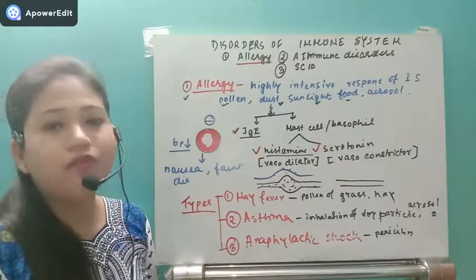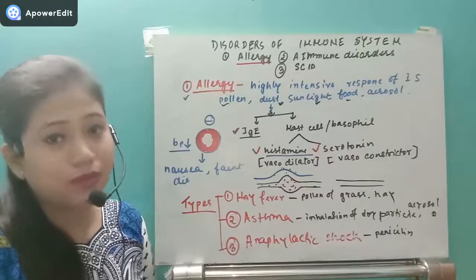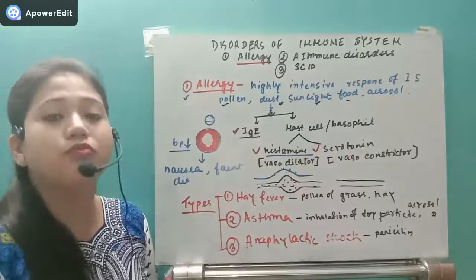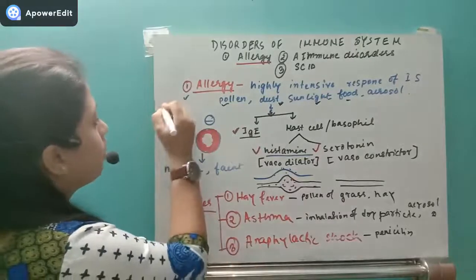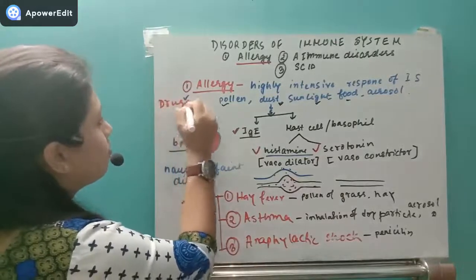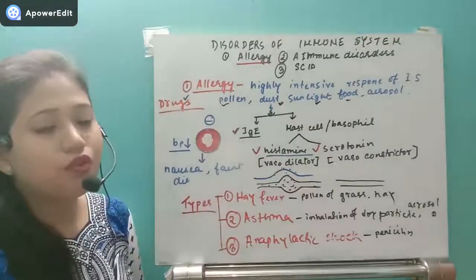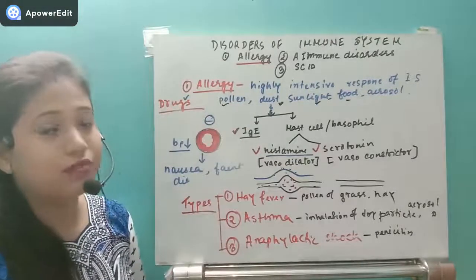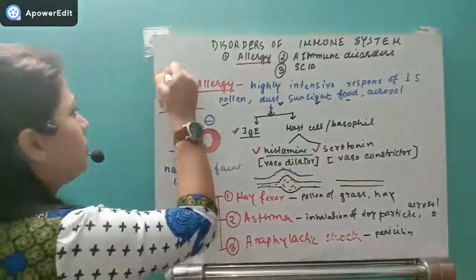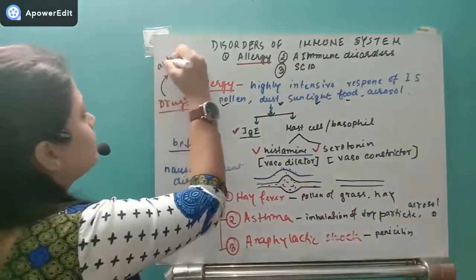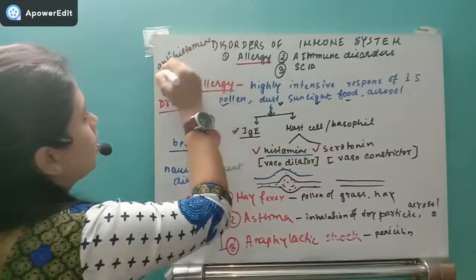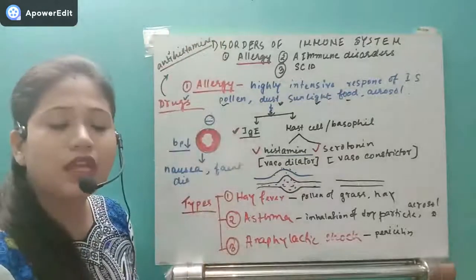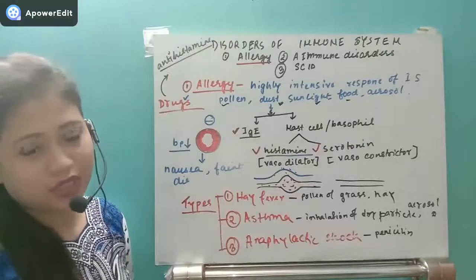Now, what types of drugs can be prescribed to people who are allergic to some allergens? See, we can have antihistamine, right? He can take antihistamine and recover from that condition.